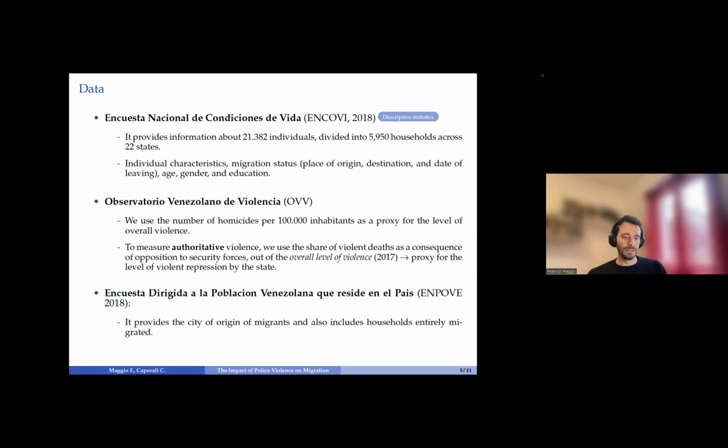We use data on homicides split into those committed by security forces and those committed by civilians. And given that the Encuesta Nacional de Condiciones de Vida, the ENCOVI 2018, didn't give us the possibility to account for households entirely migrated, we also use this further survey in order to account for the households entirely migrated.